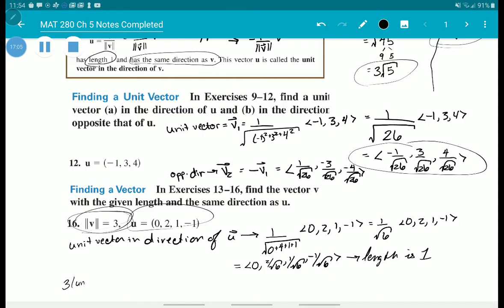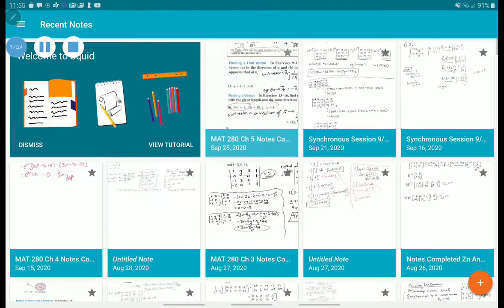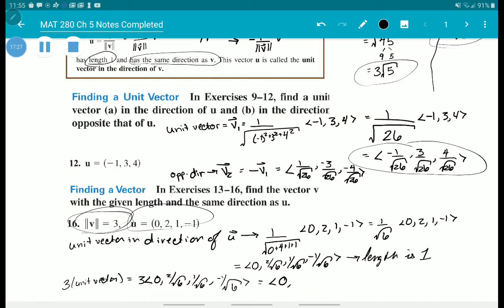So 3 times our unit vector, then we're going to get the vector 0, 6 over square root of 6, 3 over square root of 6, and negative 3 over square root of 6. So there's a vector that has a magnitude of 3 that will be in the same direction as u.